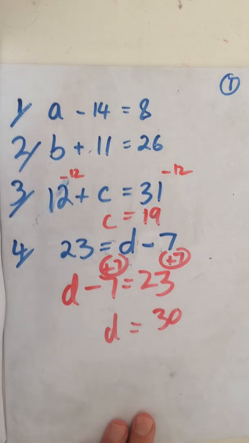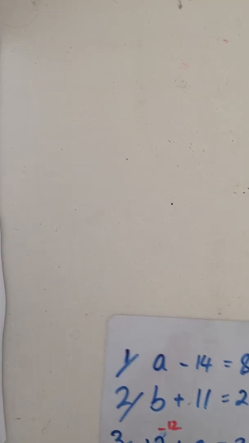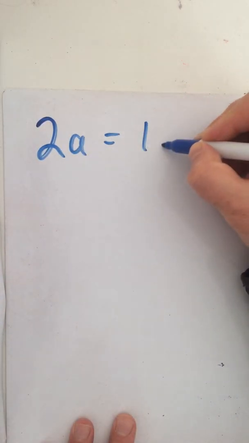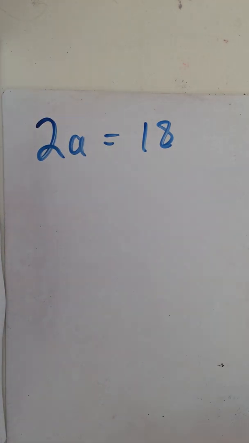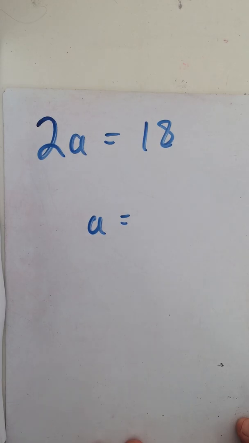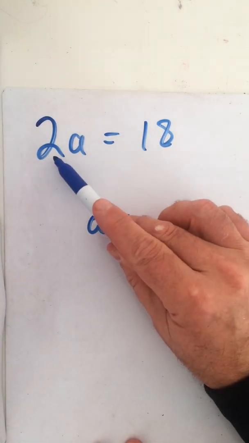Okay. Now I'm going to just show you another type of question. So this one, it's 2a is equal to 18, and again we have to find the value of a. Okay, so this time I have to get rid of this 2.